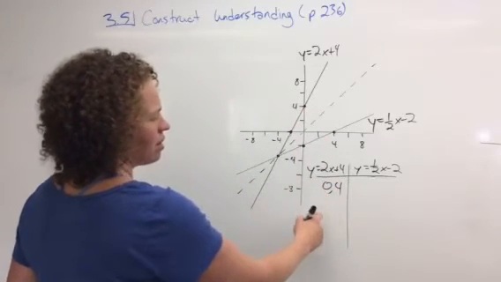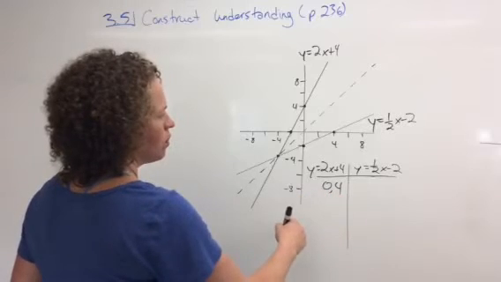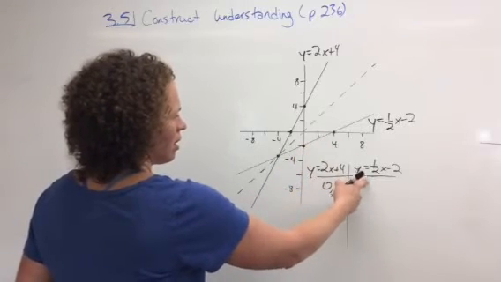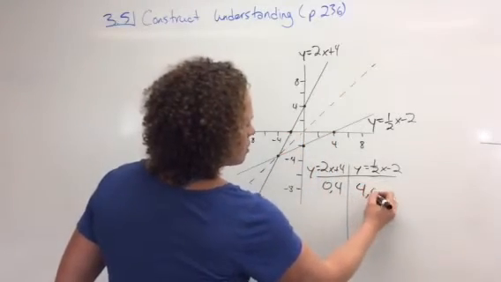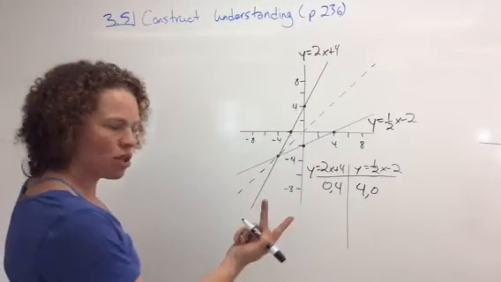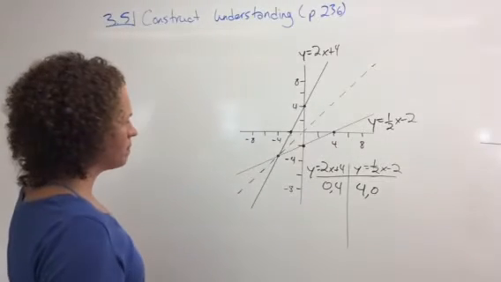Right? X is 0, y is 4. But on this line, I have the point 4 and 0. So you see how the points are switched, x and y.